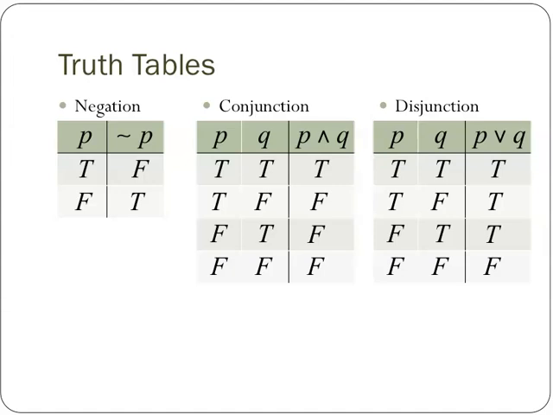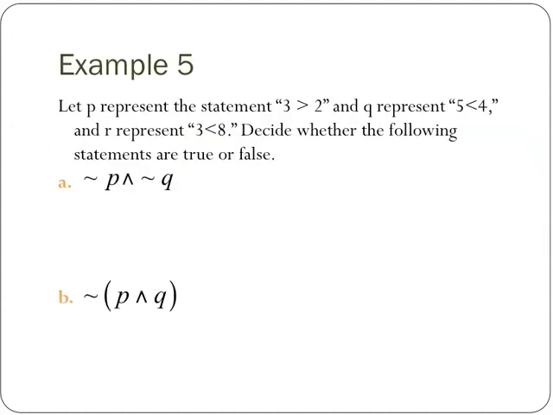Let's take a look at example 5. Let P represent the statement 3 is greater than 2, Q represent 5 is less than 4, and R represent 3 is less than 8. Decide whether the following statements are true or false. Before we start, let's write out whether P, Q, and R are true or false.